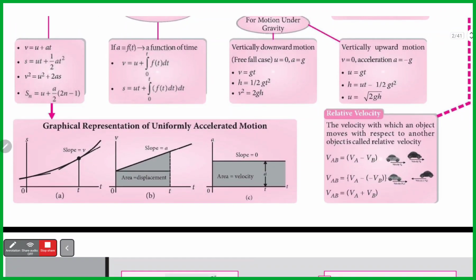Last but not least, the graphical presentation I told you about, ST, VT, AT graphs, and the last one is relative velocity. For relative velocity, I told you only one formula is used, and in one direction we will not use vectors, but if we use the vector equation, it applies to 1D and 2D both.